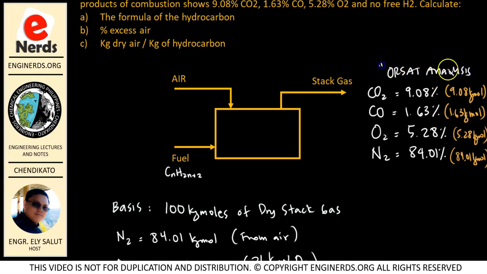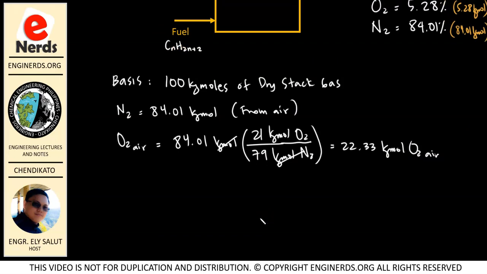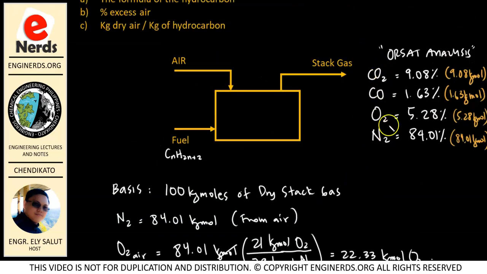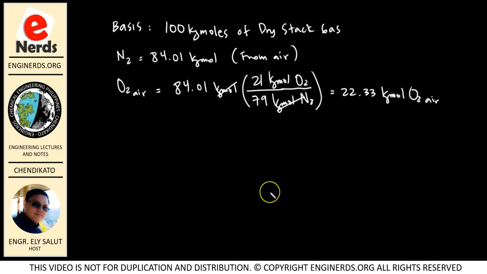So, we need to determine how much oxygen has been used to convert hydrogen to water. We will call that O2 unaccounted for, which means it is not mentioned here. So, we need to get how much oxygen was used in the conversion to CO2, the conversion to CO, and the unused O2 here. Okay, we should not forget that our O2 supplied is 22.33 kilogram mole.